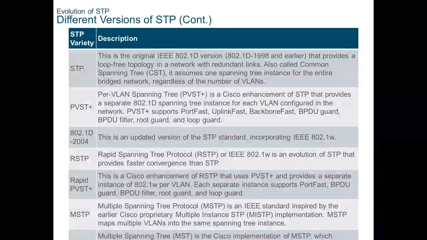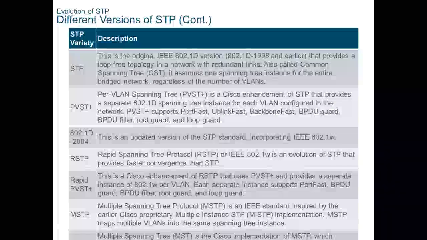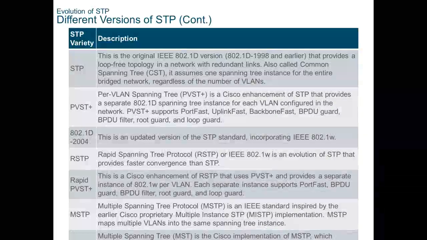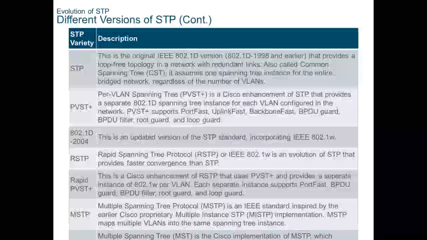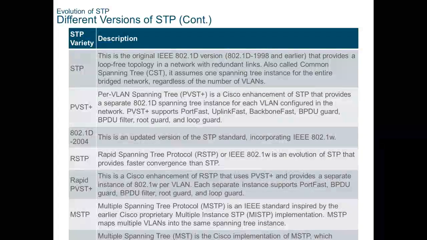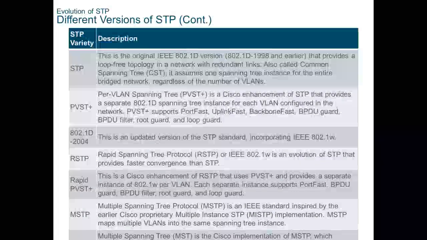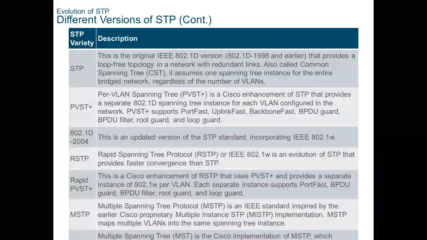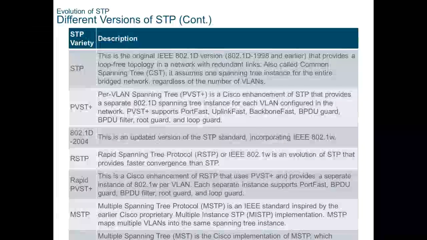So the versions, spanning tree as per the 802.1D version was 1998. Then Per-VLAN spanning tree was instigated by Cisco. Then the spanning tree protocol was updated in 2004.